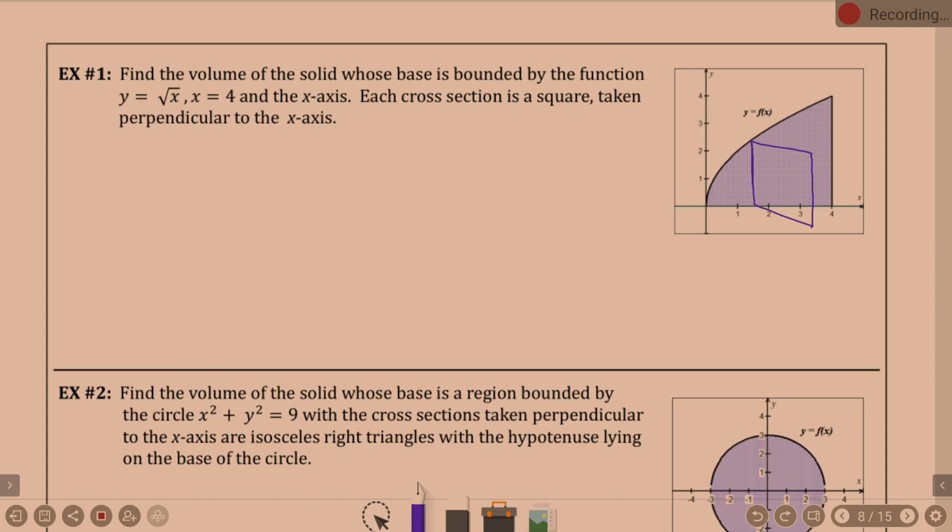Now, I did not get this brought up on the computer where I could bring it up on the screen. Let me see. Okay.